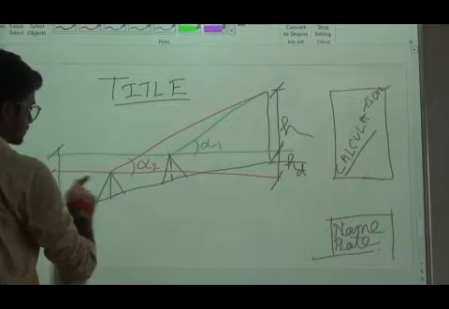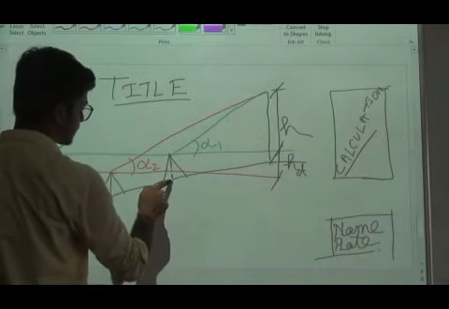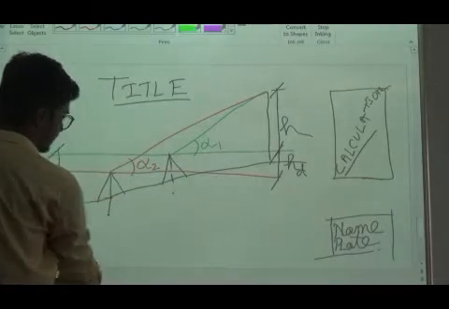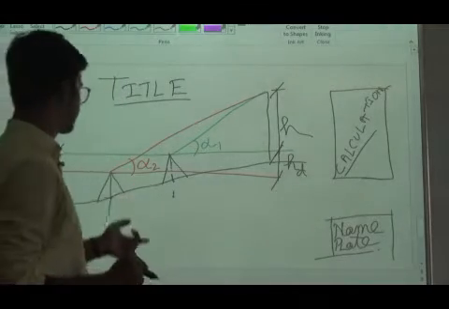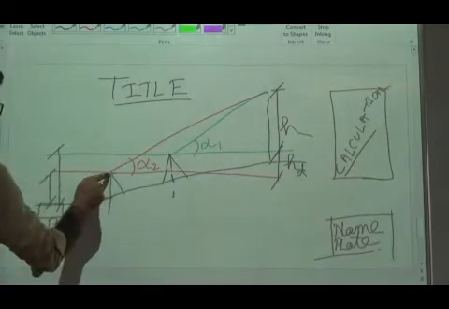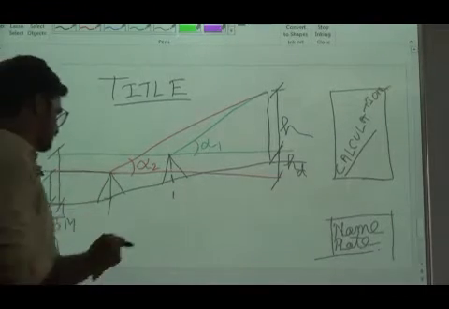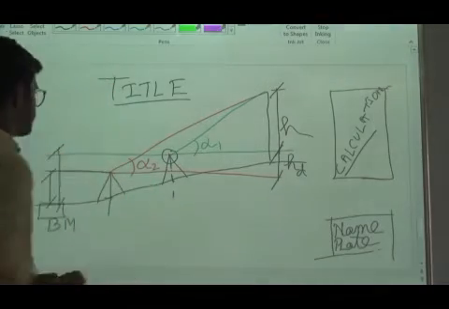We have to set up the instrument, first instrument at this point, and second instrument to be set up here. For setting up the instrument and completing the temporary adjustment, we have to take the height of instrument, and in the second case also we have to take the height of instrument.